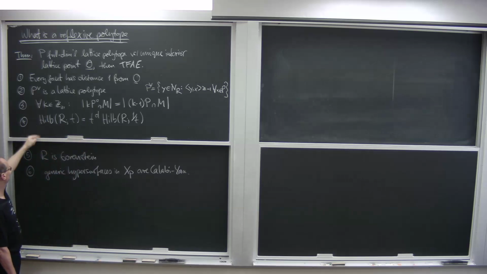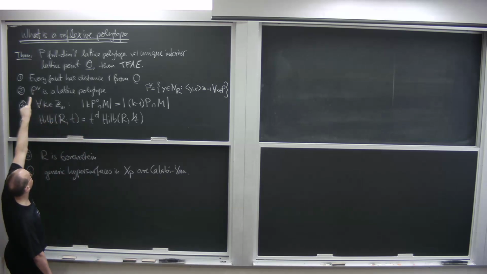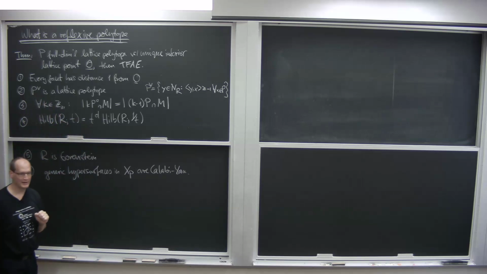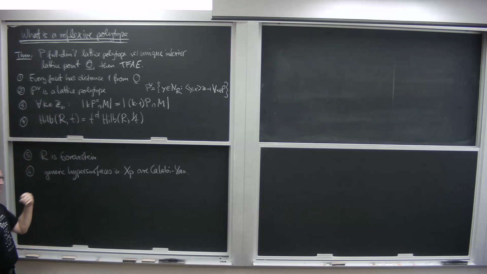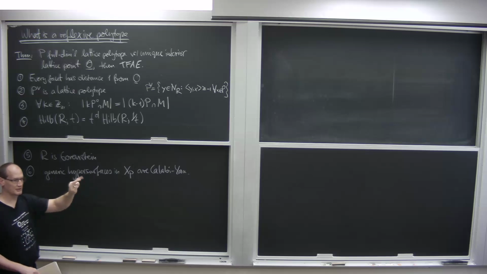This should also ring a bell: this is Gorenstein of index 1, because at the very beginning I required an interior lattice point. Last time I said a polytope is Gorenstein if and only if the numerator of the Hilbert function is palindromic.